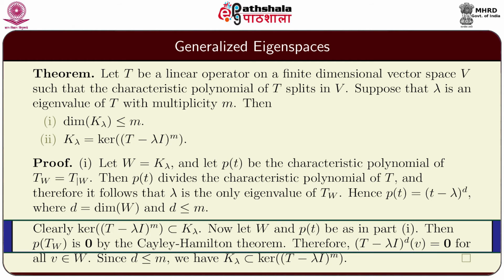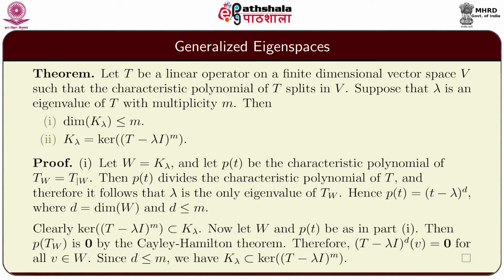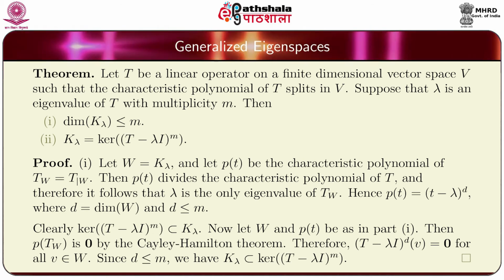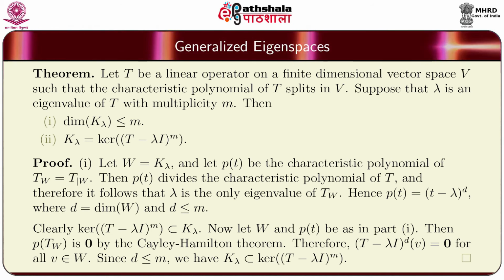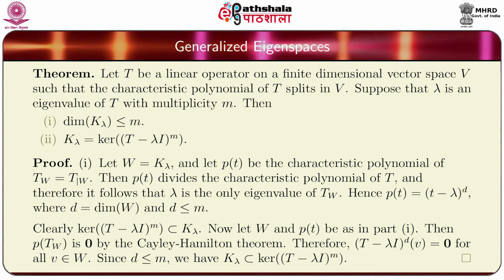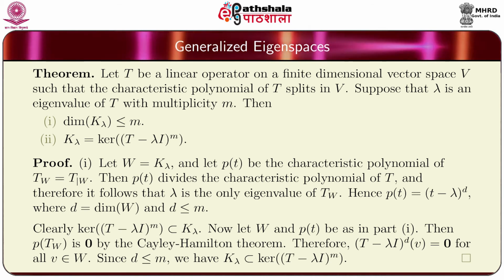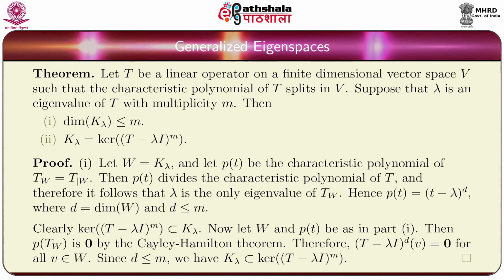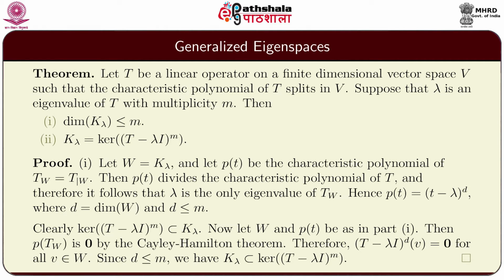Now, part 2. It is clear that the kernel of (T − λI)^m is contained in K_λ. Now, let W and p_t be as in part 1. Then p(T_W) is 0 by the Cayley-Hamilton theorem, because p_t is the characteristic polynomial of T_W, and we know that the characteristic polynomial is satisfied by the operator.